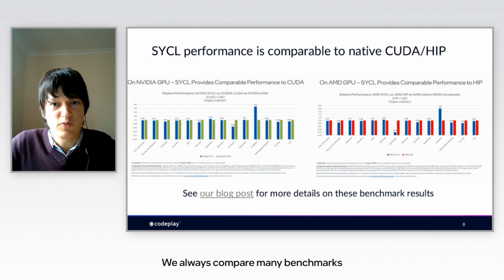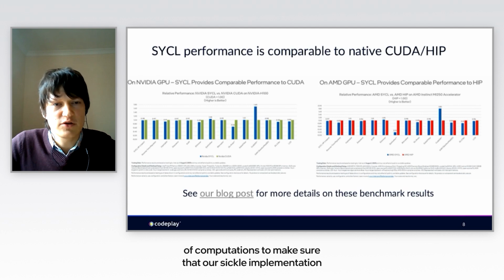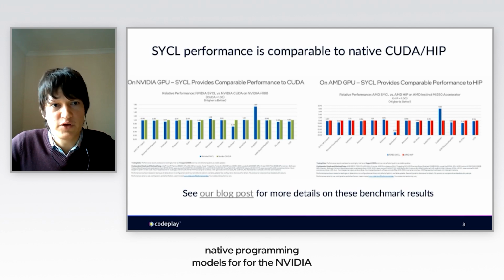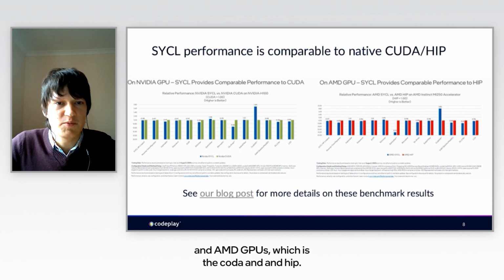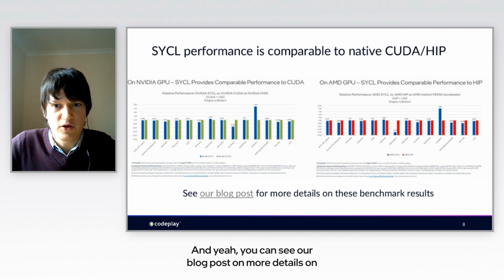We always compare many benchmarks across different types of workloads and different types of computations, to make sure that our SYCL implementation provides matching performance to the native programming models for the Nvidia and AMD GPUs, which are CUDA and HIP. You can see our blog post for more details on these performance numbers.